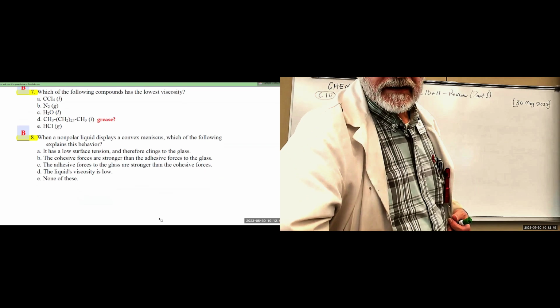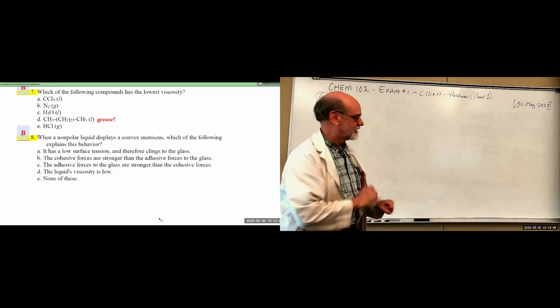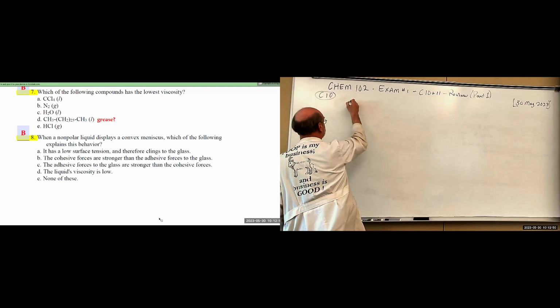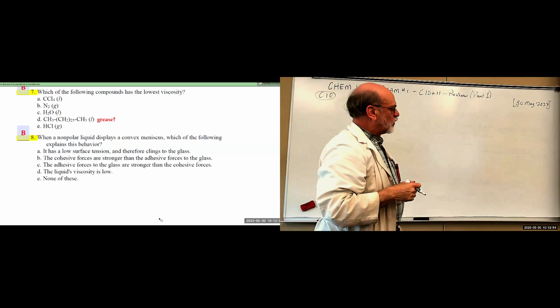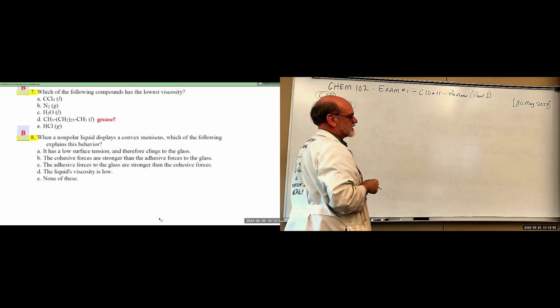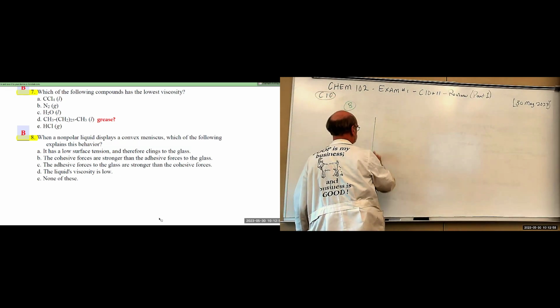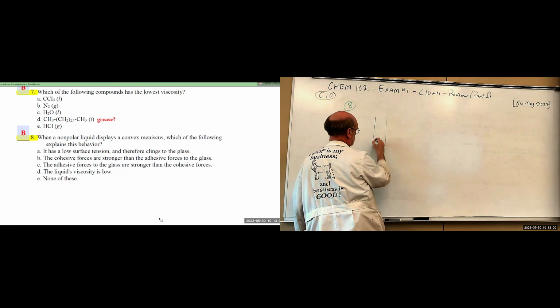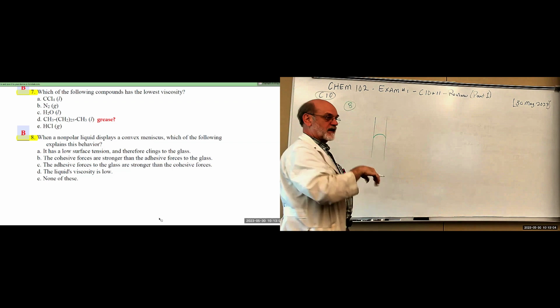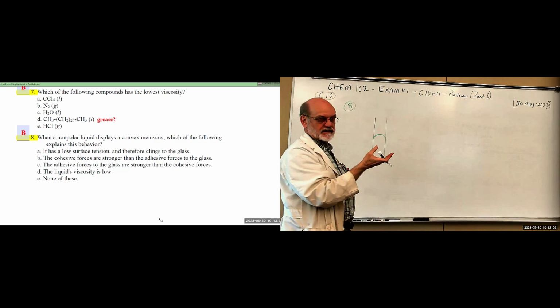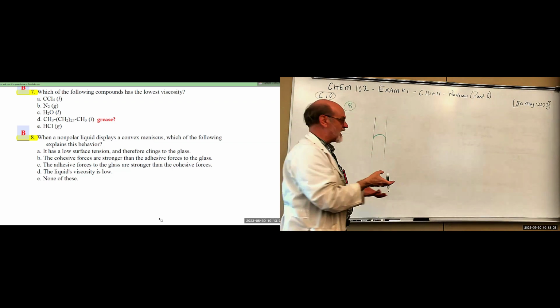Okay, number 8. When a nonpolar liquid displays a convex meniscus, so it displays a meniscus like this, rather than concave, which would be water on glass.